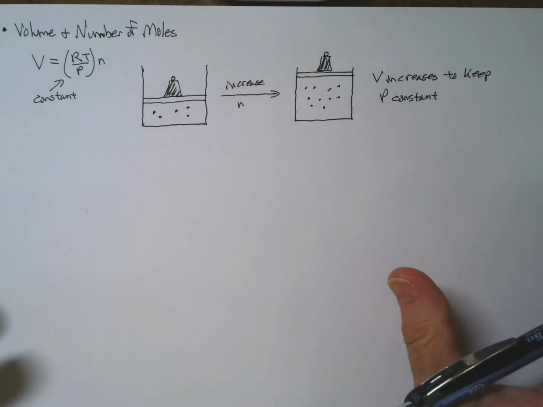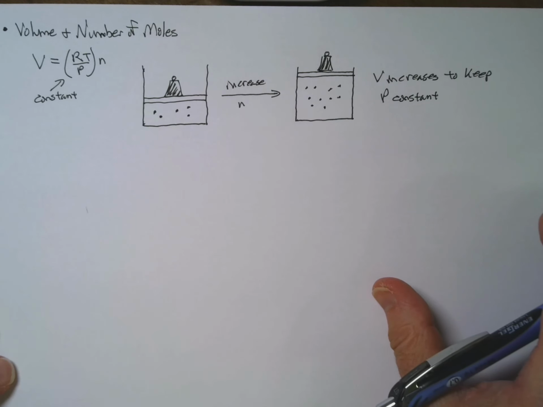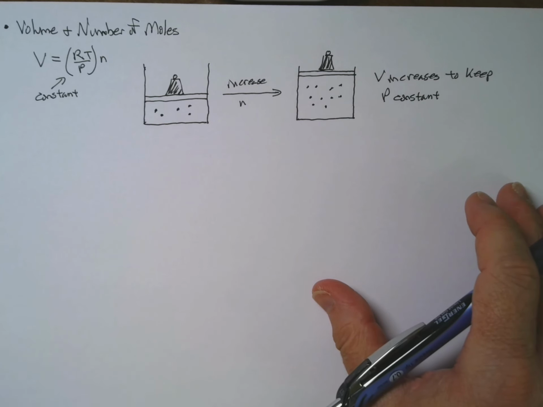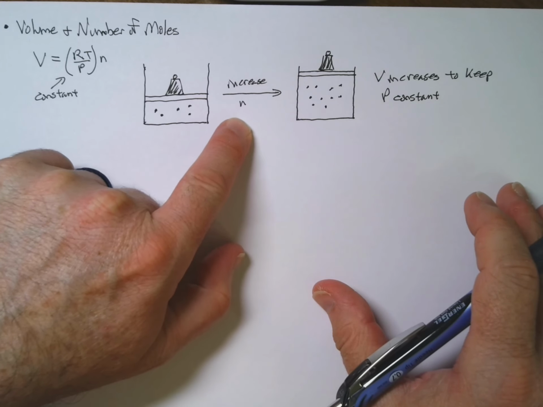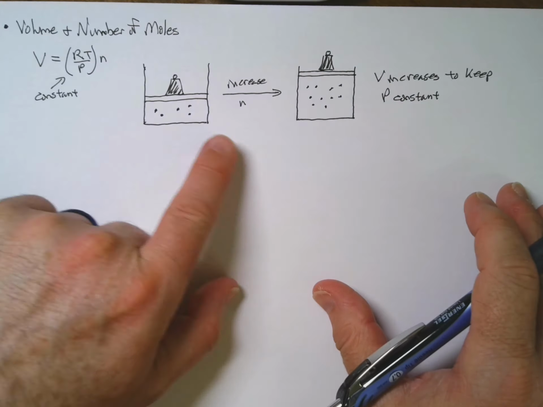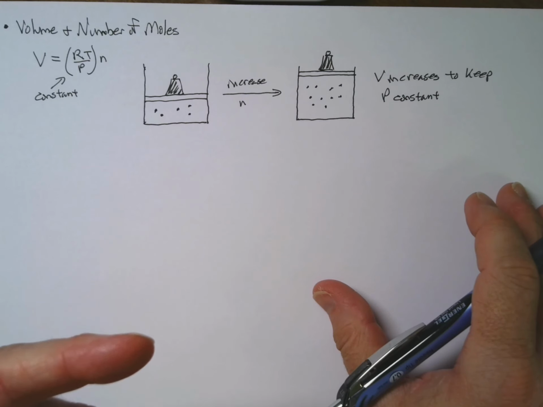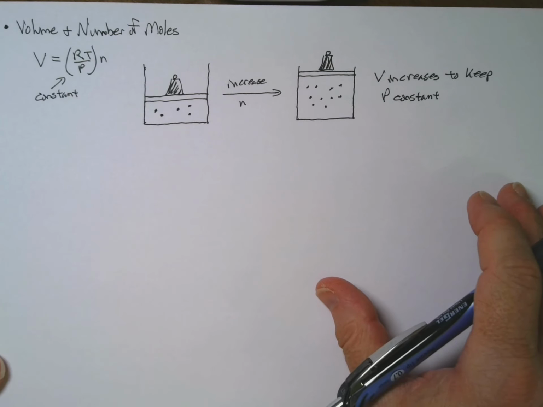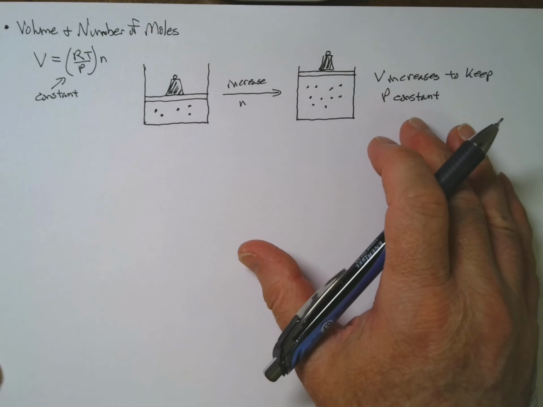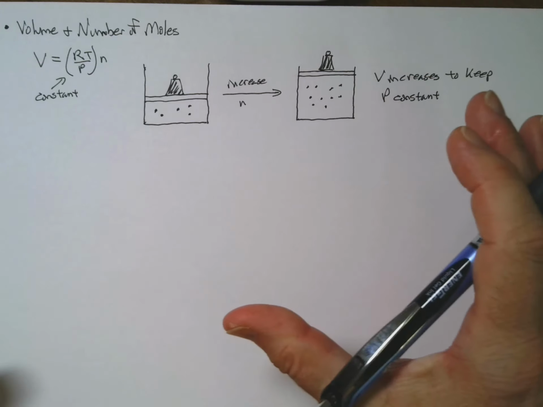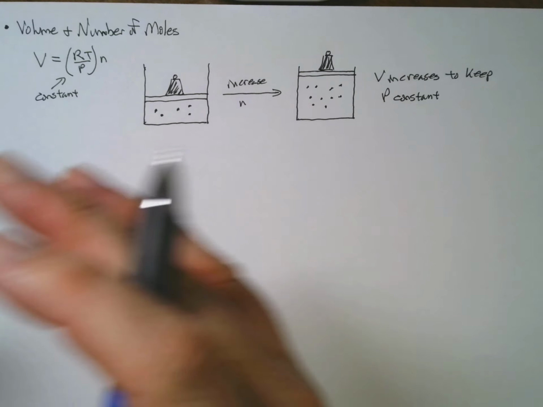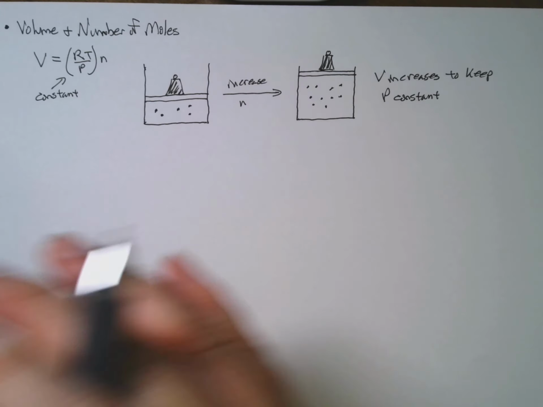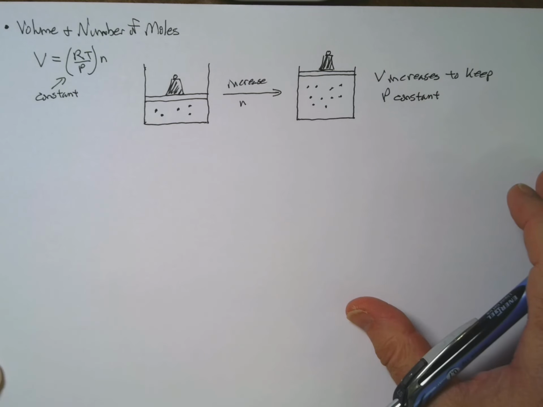In fact, pumping up a bike tire or a basketball or football, whatever, inflating a car tire involves putting more moles, but we keep the volume the same, and so pressure actually increases. If you blow up a balloon, well, there the volume has to increase because the pressure is relatively constant, constrained by atmospheric pressure and a little bit by the elasticity of the balloon. But anyway.